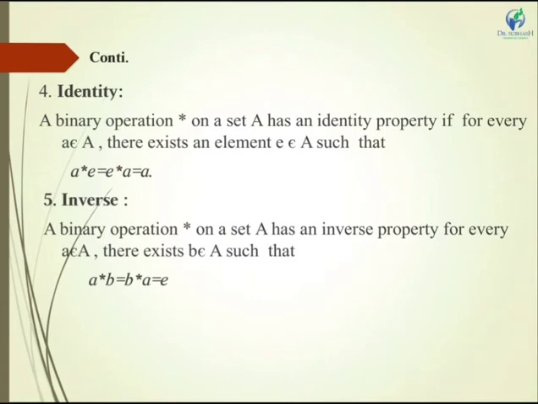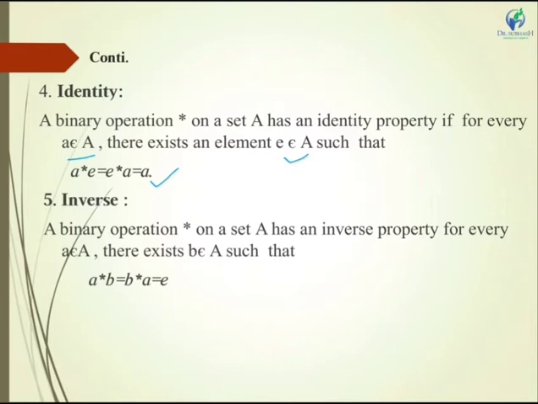A binary operation star on a set A has an identity property if for every a belongs to A, there exists an element e belongs to A such that a star e equal to e star a equal to a.